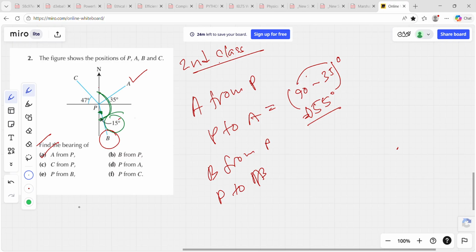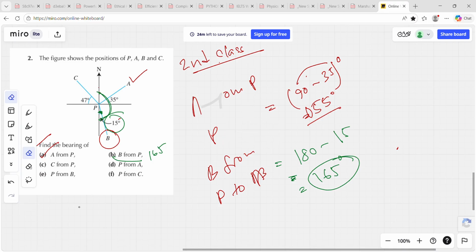So P to B should be 180 minus 15, which gives you 165. So 165 is your bearing for this portion. You can write it. Let's remove these things and then we can solve the other problems.